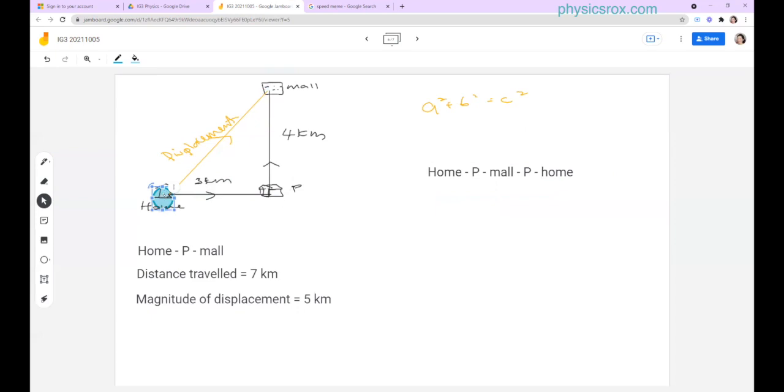So if this happens, from home to P to mall, back to P and back home, what is the distance traveled? Correct, 14 km.